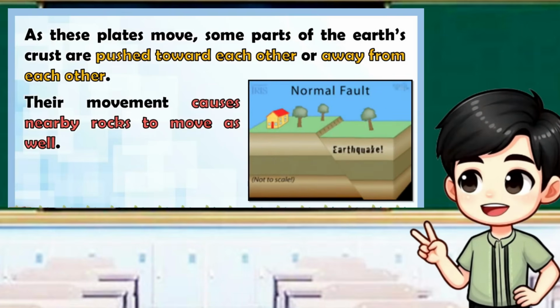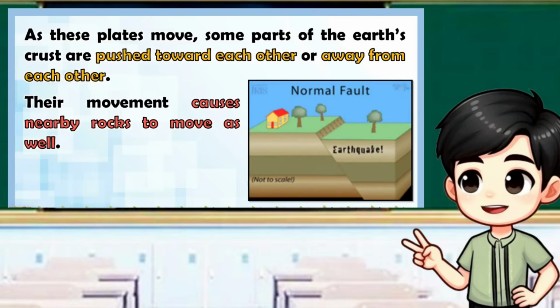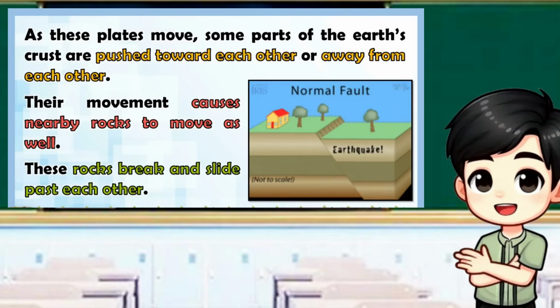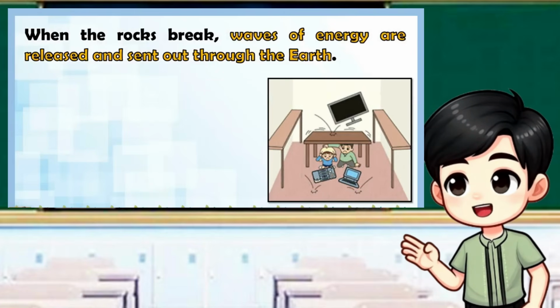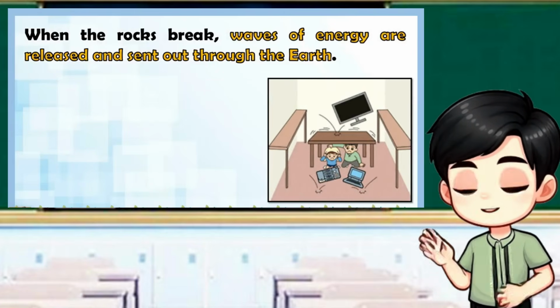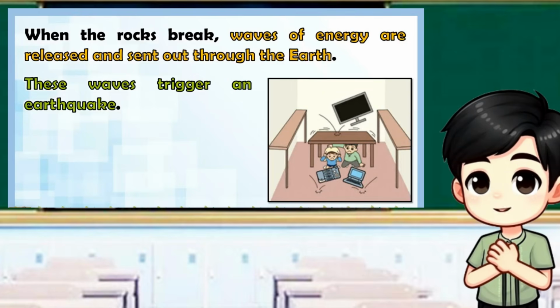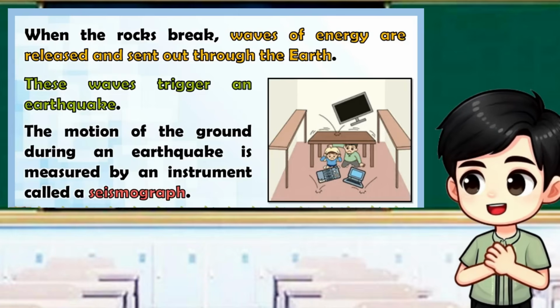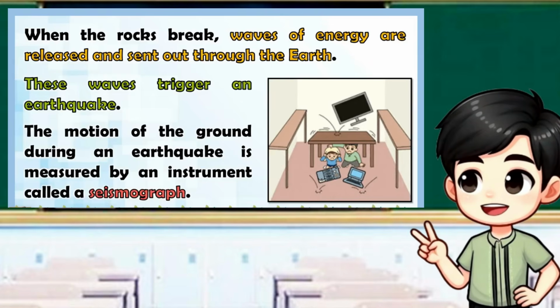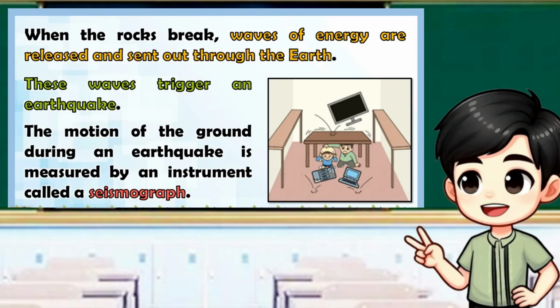Their movement causes nearby rocks to move as well. These rocks break and slide past each other. When the rocks break, waves of energy are released and sent out through the Earth. These waves trigger an earthquake. The motion of the ground during an earthquake is measured by an instrument called a seismograph.